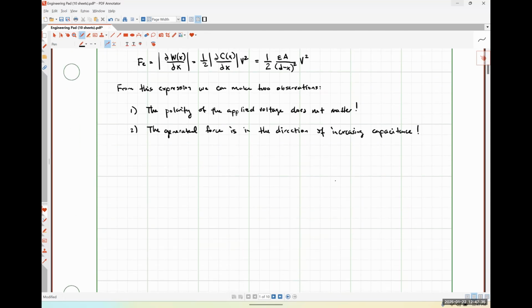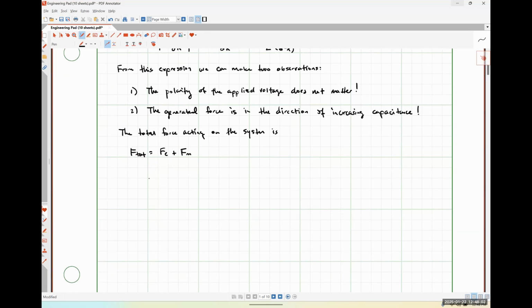So we could say that the total force acting on the system, F total, is equal to Fe plus Fm, and I'm going to write this out as 1/2 epsilon A over quantity D minus X squared times voltage squared minus Km times X, or that minus sign comes from the fact that the forces are acting in opposite directions to each other.